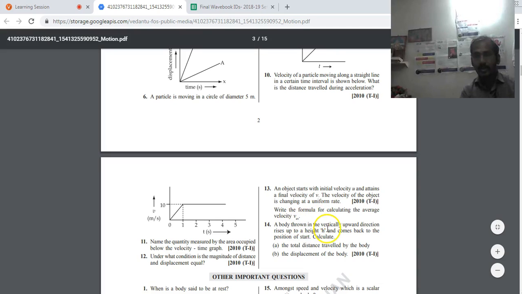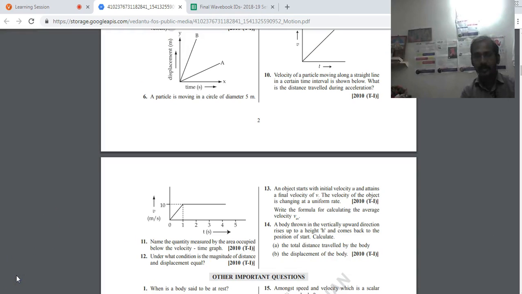A body thrown in a vertically upwards direction rises up to a height h and comes back to the position of start. Calculate the total distance traveled by the body and the displacement of the body.